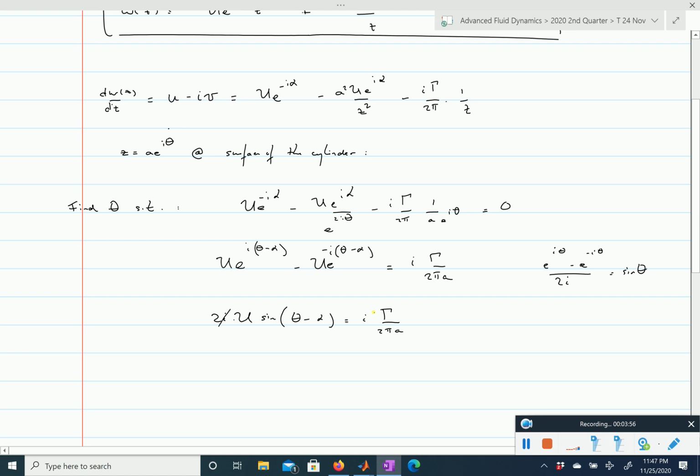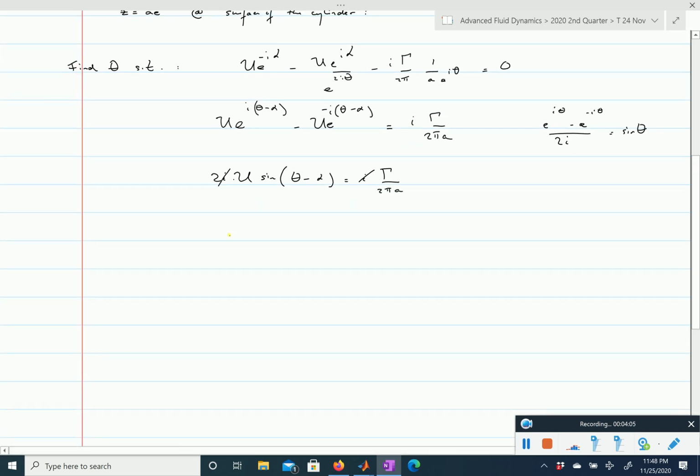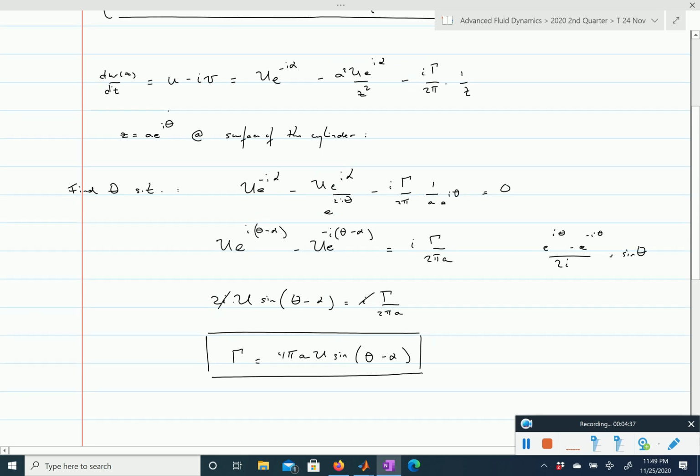You see that the i cancel here, and we are left with the same equation that determines the stagnation points that we had before. So gamma is equal to 4 pi a U times sine of theta minus alpha. Note that last time when we did it for the real potential, we did not have the minus alpha because we assumed alpha was equal to 0. But this is the equation that we find that defines the stagnation points.